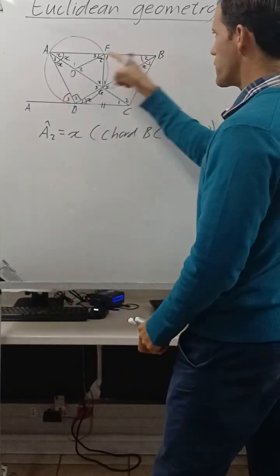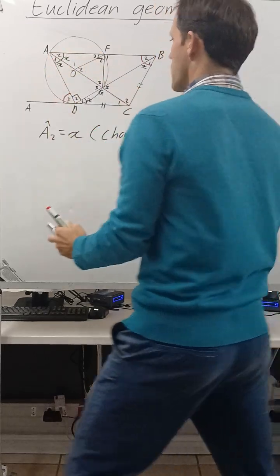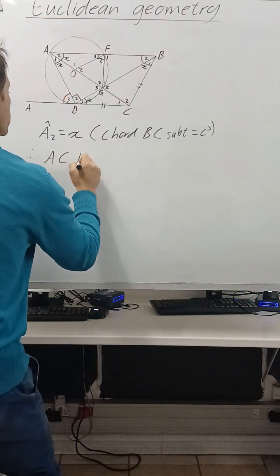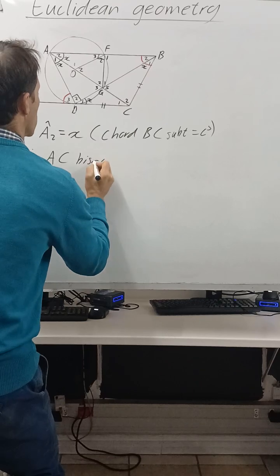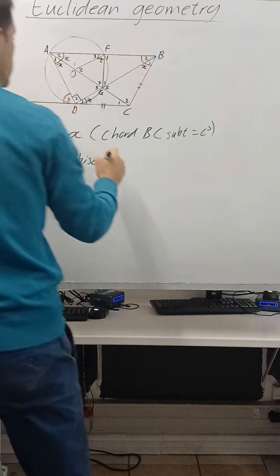Okay, because we proved it's a cyclic quadrilateral, so the chord must subtend equal angles, and therefore AC bisects BAD.